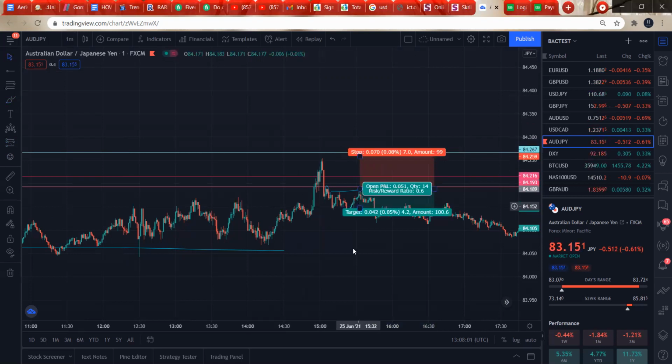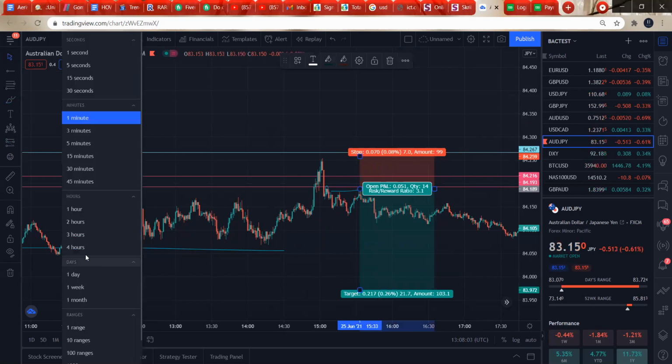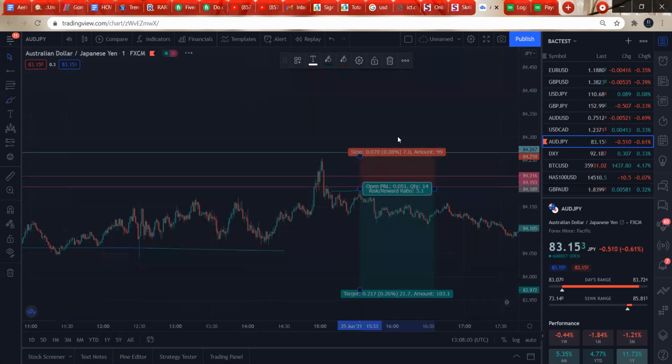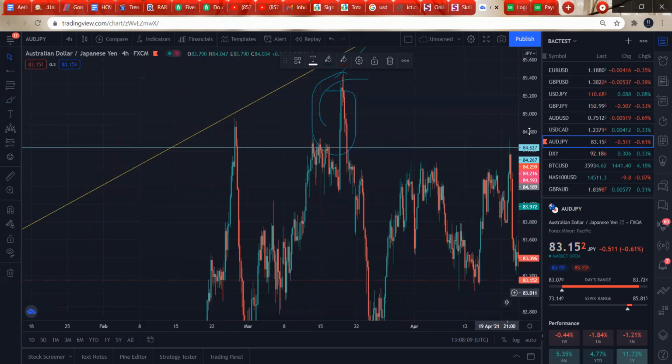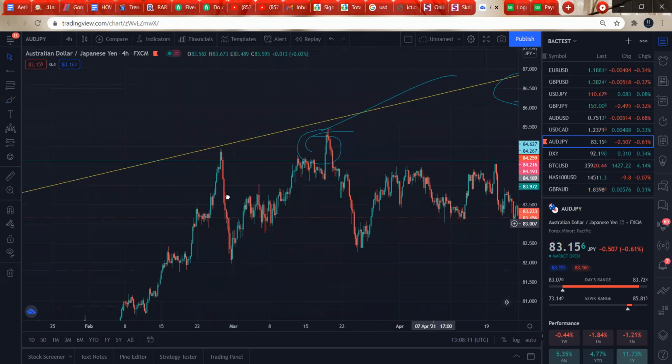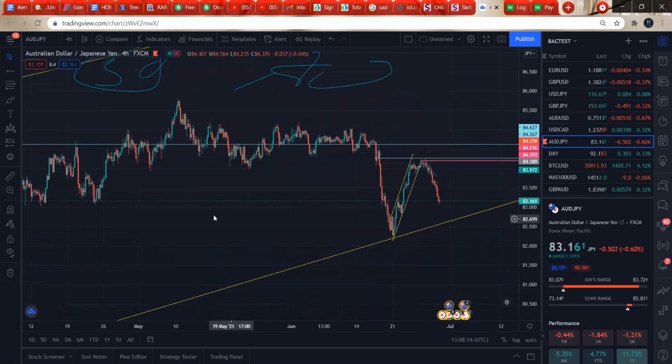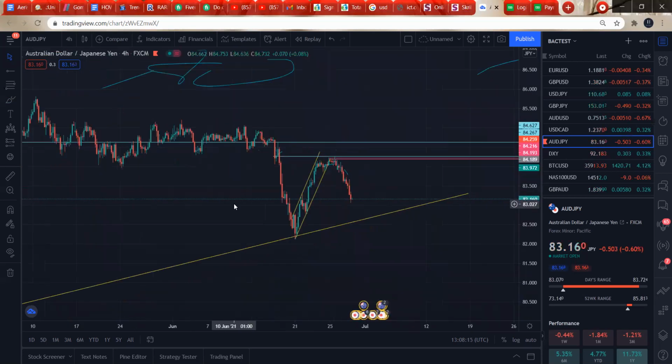Then let me show you the target. When we go for the target, we go to the higher time frame.